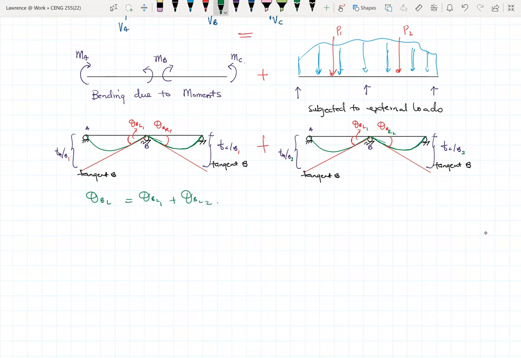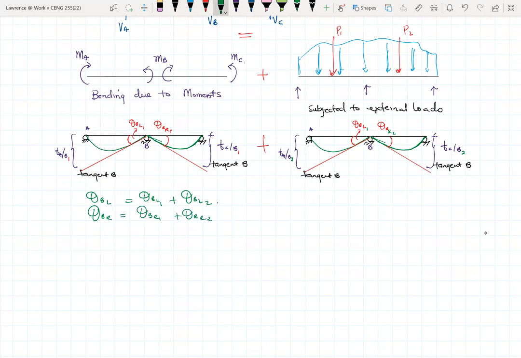Okay, that's the idea. Then we can write the equations for the other portions. Theta B R is simply theta B R1 plus theta B R2.